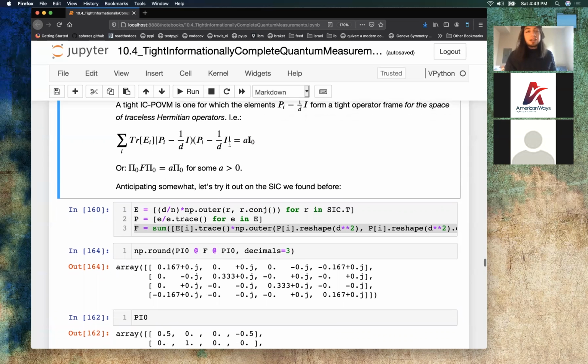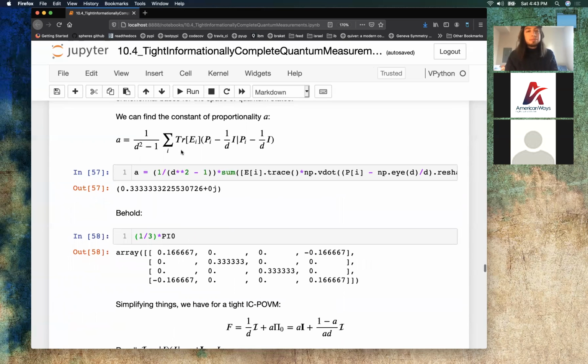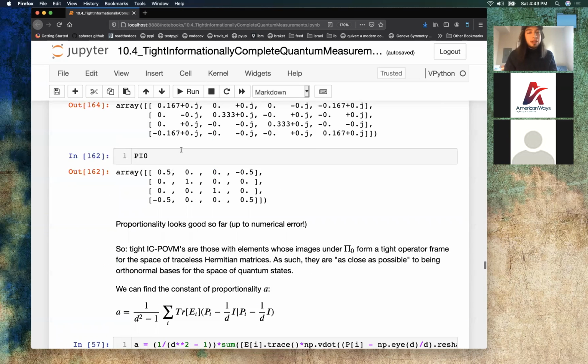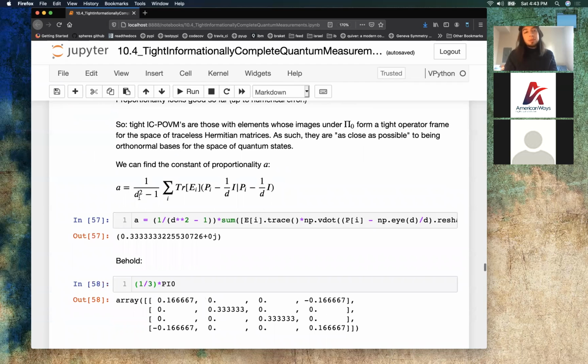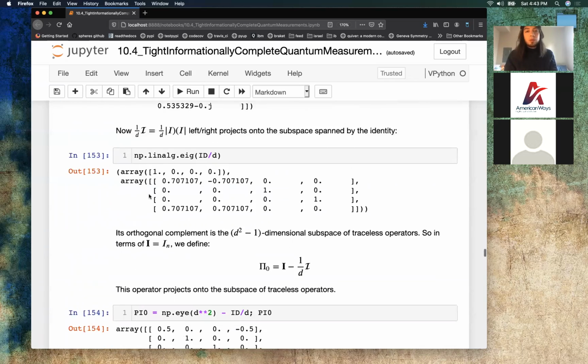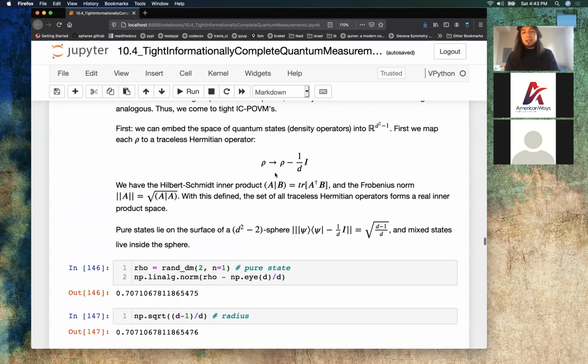If these are actually equal, we're just interested in the trace of this. And we get d squared minus 1 because we threw out a dimension when we did this little map here.